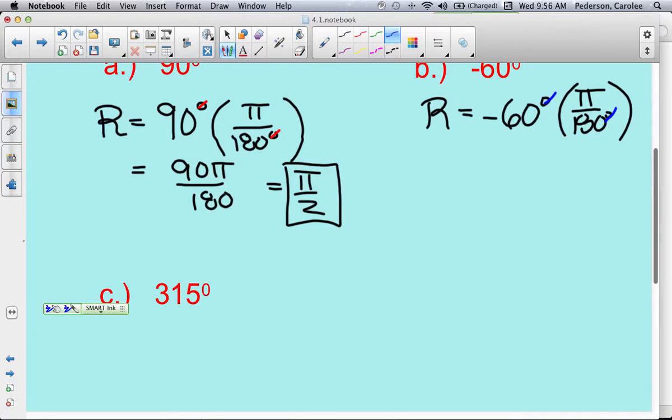Now we multiply across. -60 times pi over 180. What can I reduce the numerator and denominator by? By 60. So my numerator is now -pi, and my denominator is 3. Good.